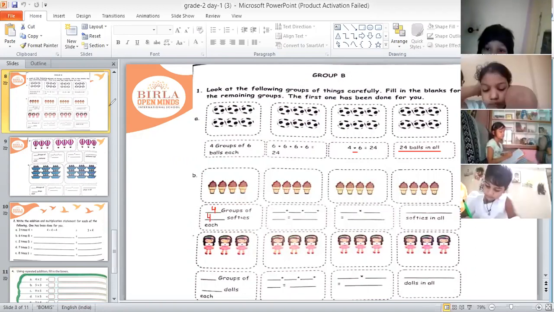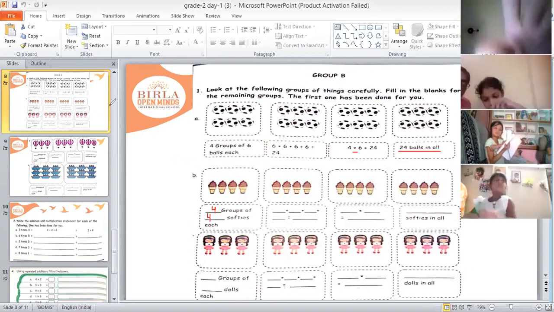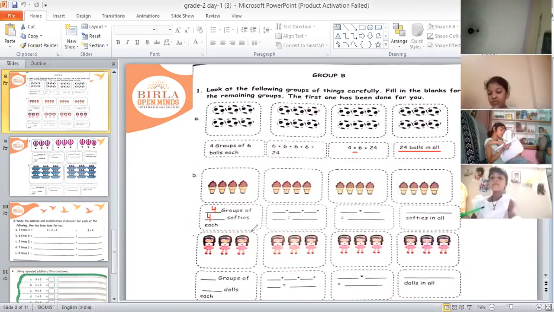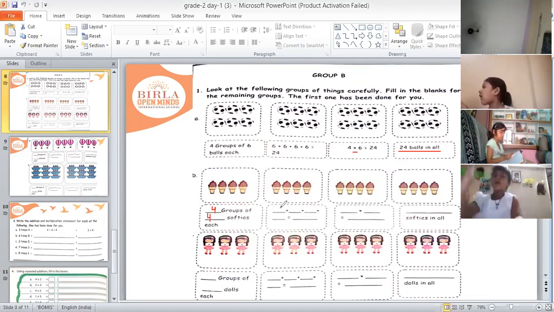Fine. Now, Ashwita, tell me in repeated addition which number we will repeat? How many softies are there? 4.